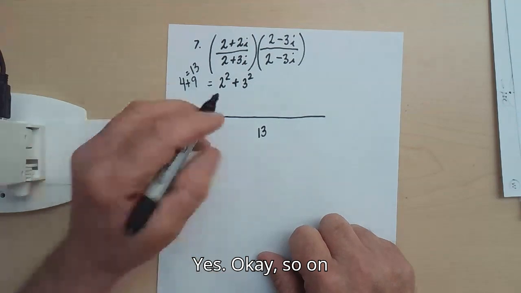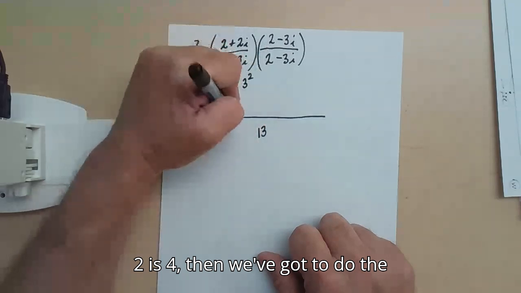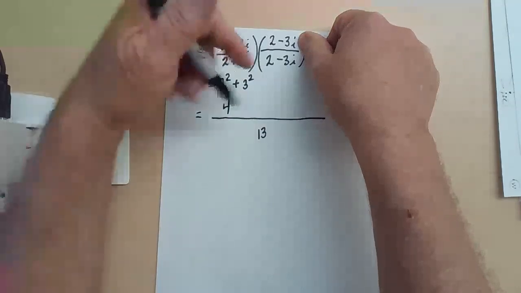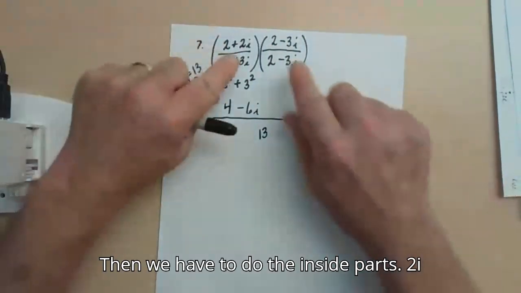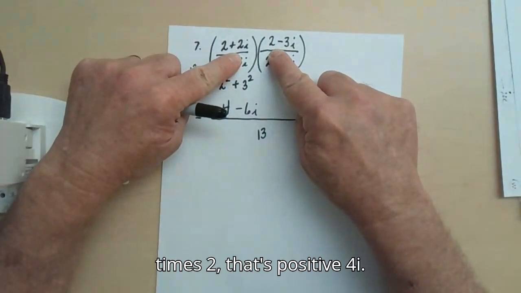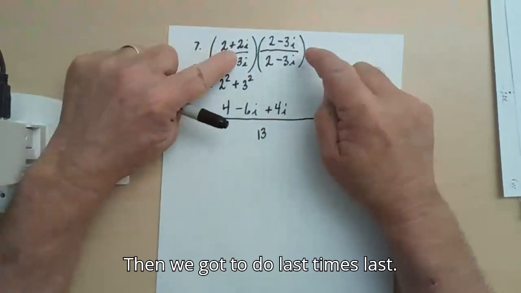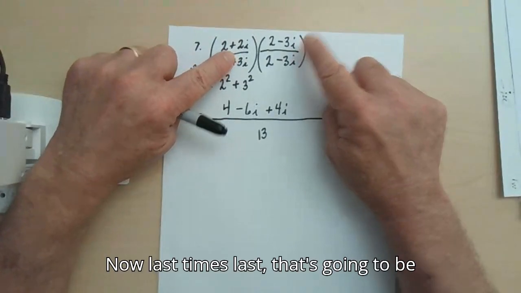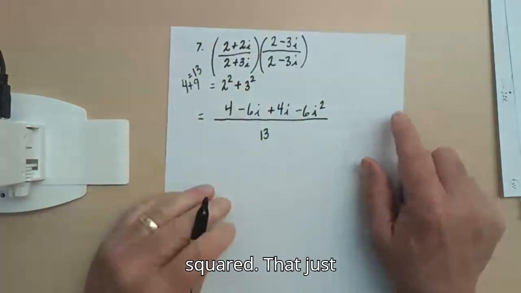Okay. So on top, we're FOILing. 2 times 2 is 4. Then we got to do the outside part. 2 times negative 3i, that's negative 6i. Then we have to do the inside parts. 2i times 2, that's positive 4i. Then we got to do last times last. Now, last times last, that's going to be negative 6i squared.